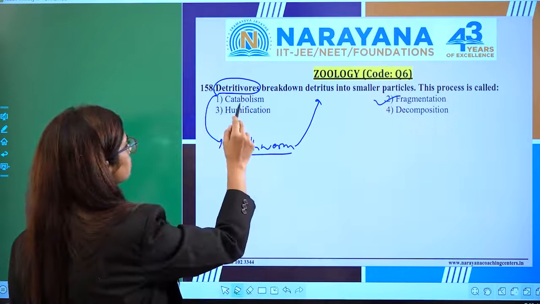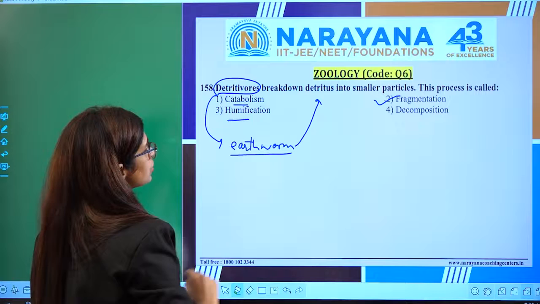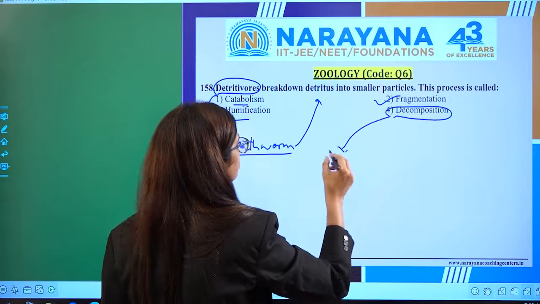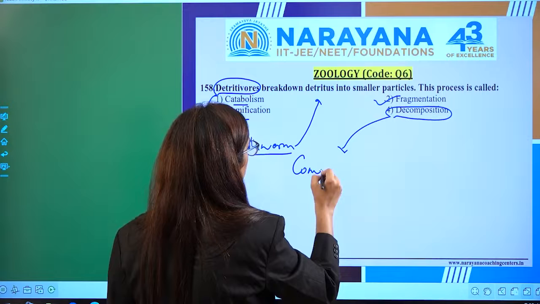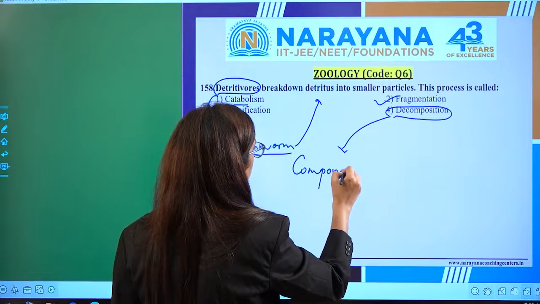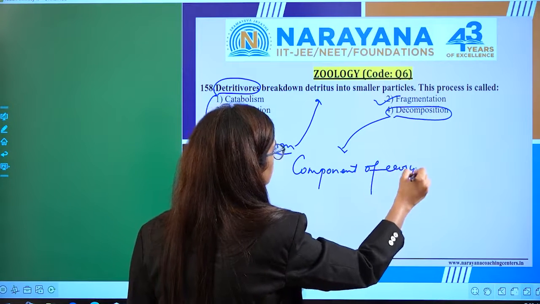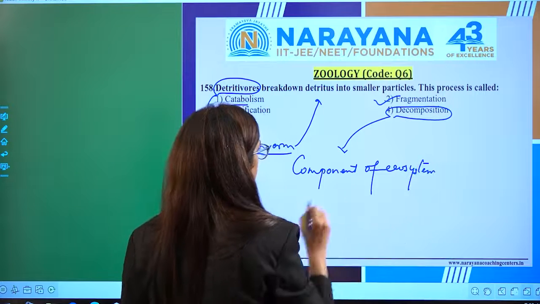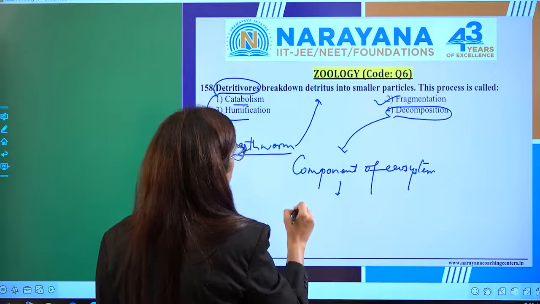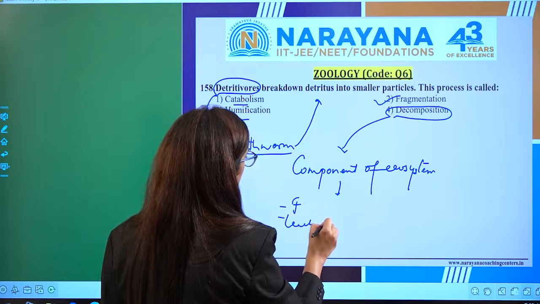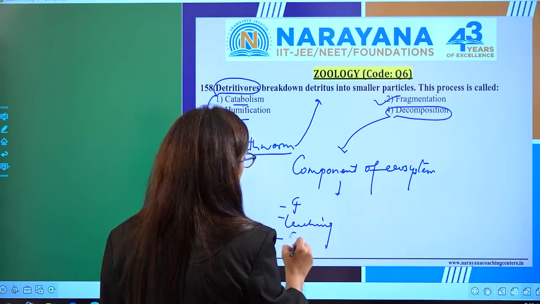And here, if you see the options catabolism, unification, and decomposition, I'll discuss decomposition. It is a component of ecosystem. And this component of ecosystem includes certain steps for the decomposition, which are fragmentation, then leaching, then catabolism.